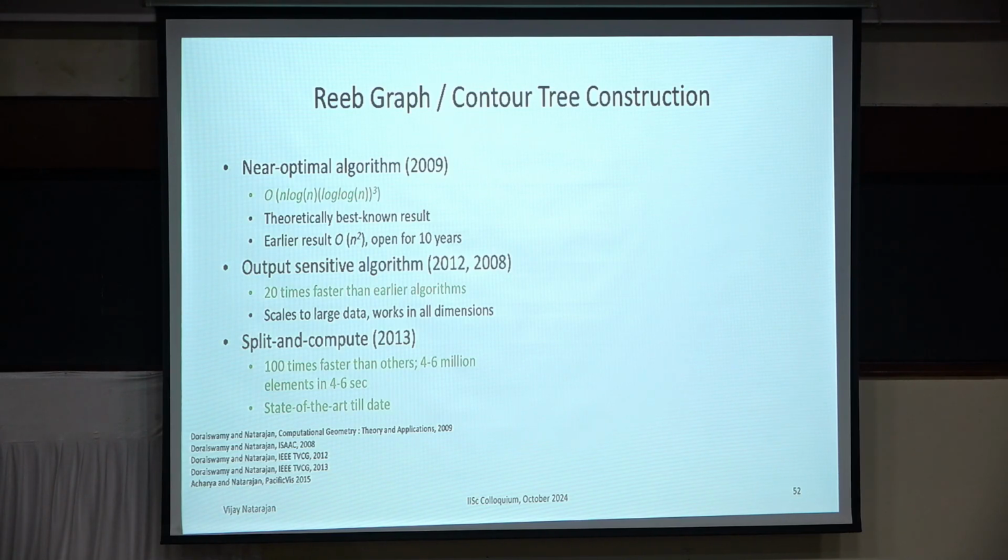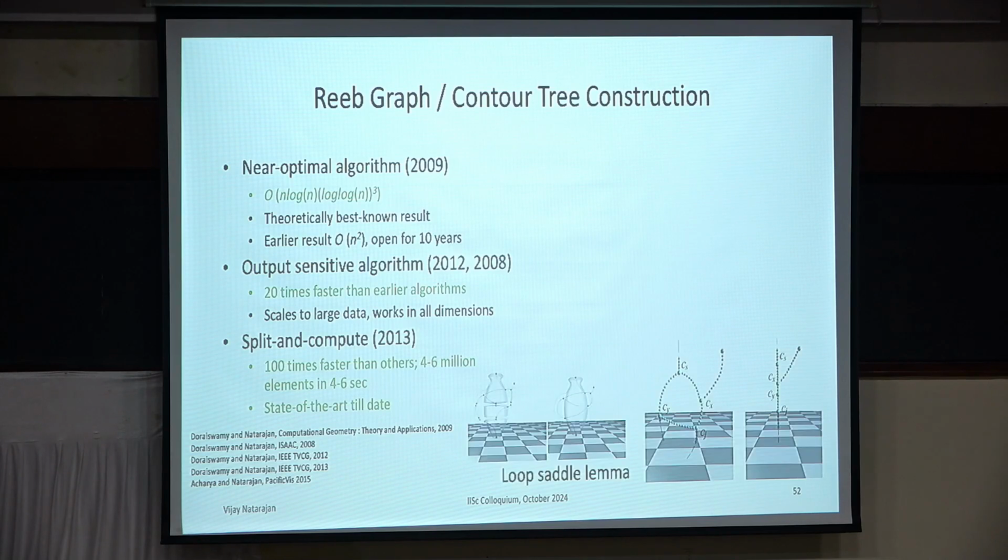Driven by the need to use the multi-core resources available, we had a parallel algorithm, or the germination of a parallel algorithm, which split the input into small pieces such that each piece had no cycles, and computed the Reeb graph or the contour tree within each component and stitched them together.